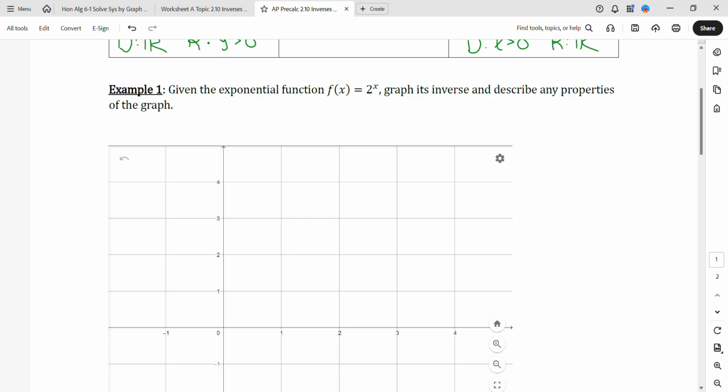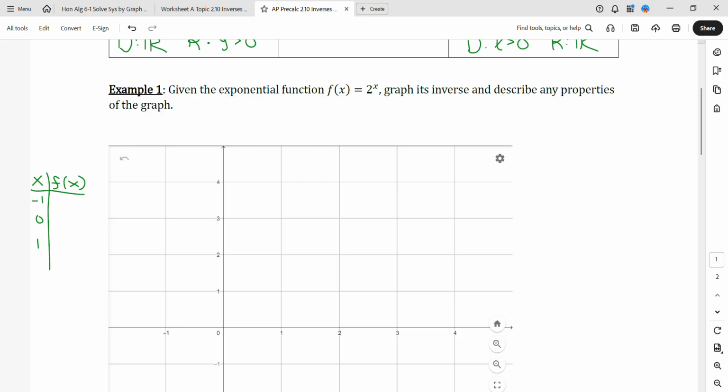Now, when we think about graphing an exponential function, right, there are 3 values that we plug in. And I'm going to put this over here. -1, 0, and +1.